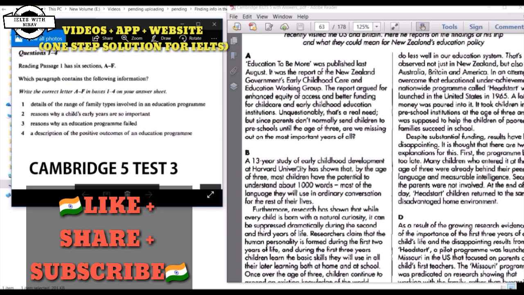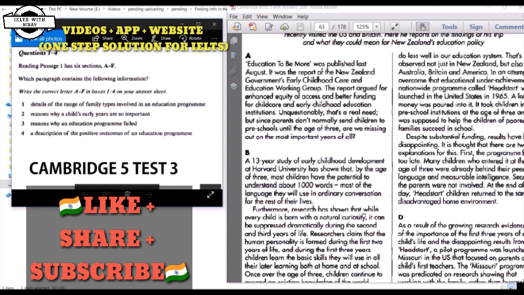A 13-year study of early childhood development at Harvard University has shown that by the age of 3, most children have the potential to understand about 1000 words, most of the language they will use in ordinary conversation for the rest of their lives.